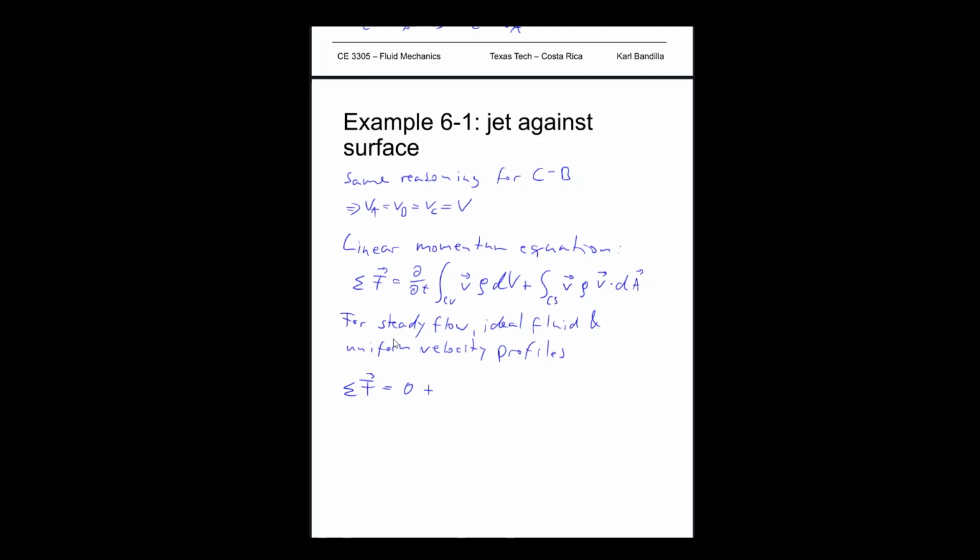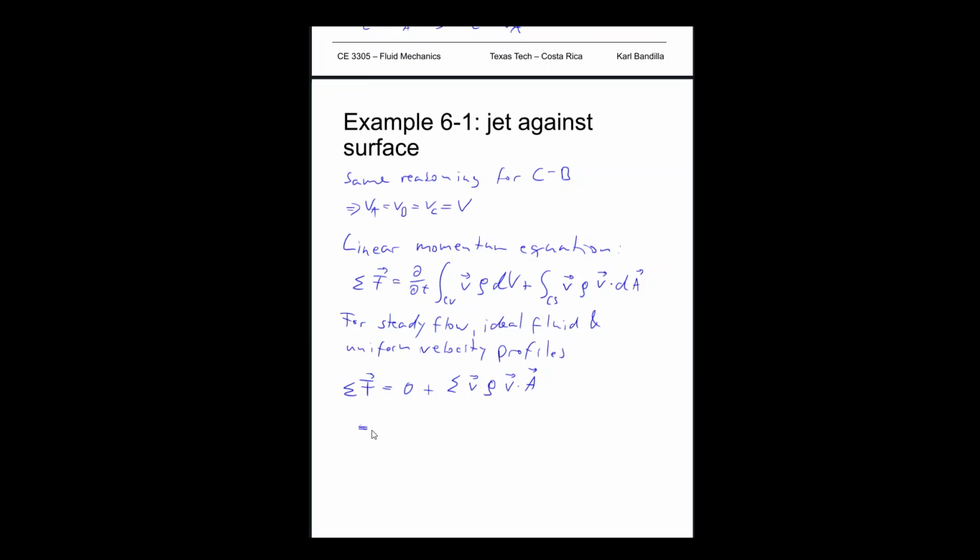So that's then equal to the sum of our velocity vectors times rho times the velocity vector dotted with my area vectors, right? That would be my equation then. And now we can look at our very specific case.